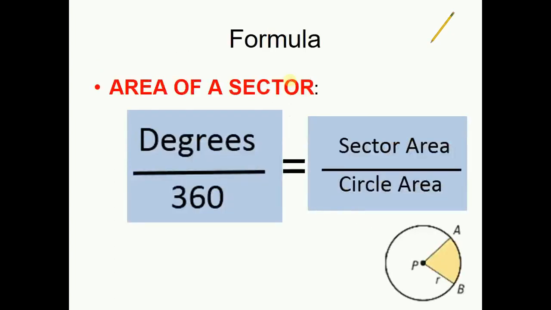The formula for the area of a sector looks exactly like arc length. The degrees of my sector, so how big it is, over 360, equals my sector's area over circle area. Exactly like part over a whole equals part over a whole. And that's how we're going to think of it as we set it up.